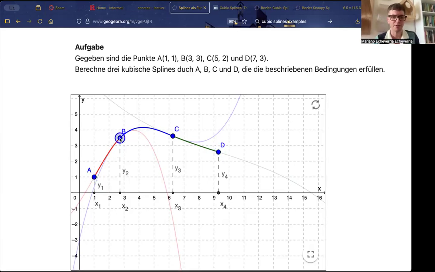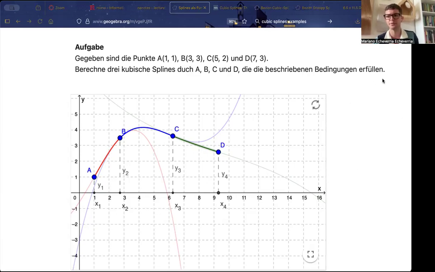So between A and B, you find a cubic that passes through them. Between B and C, you find a cubic that passes through them, and between C and D, you find a cubic that passes through them. The cubics are red, blue, and green, if you see them here.